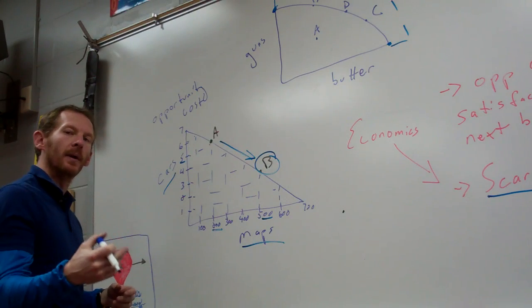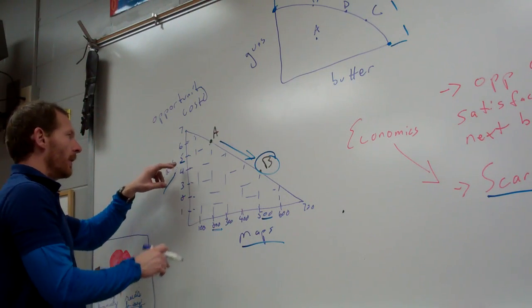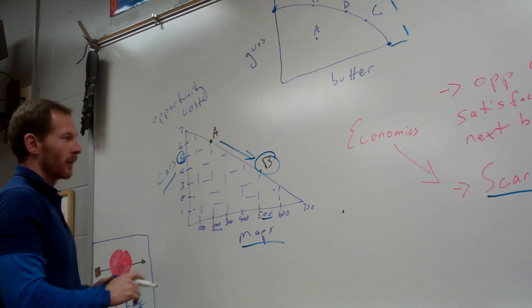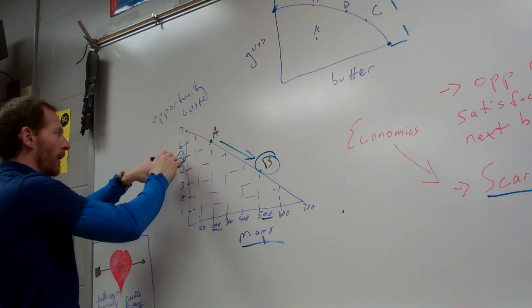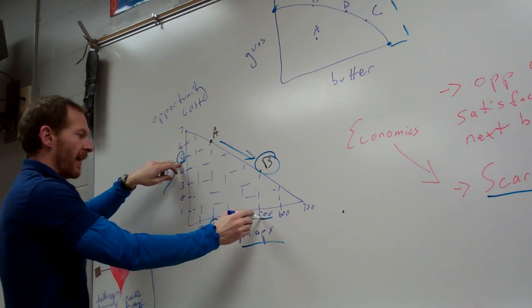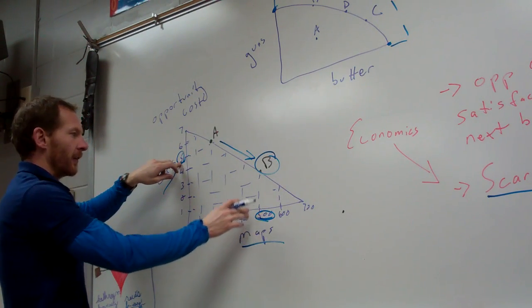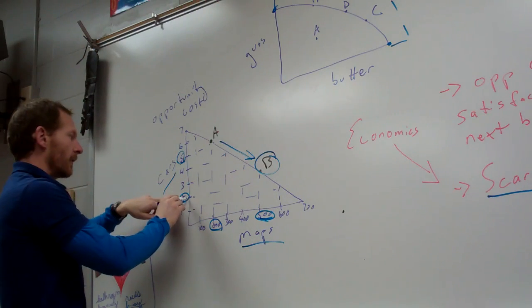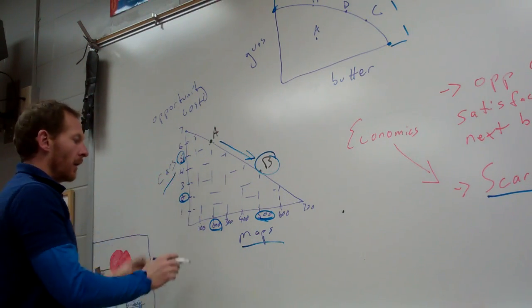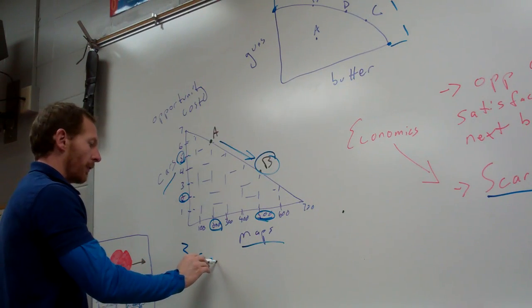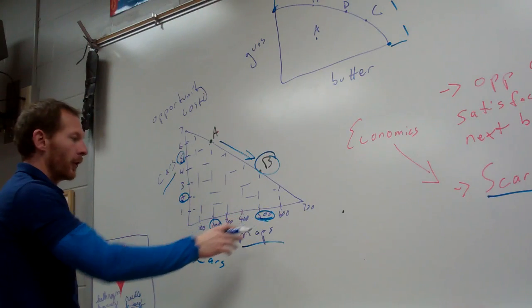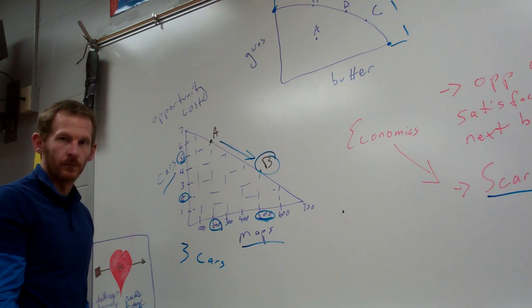At point A, we're at 5 cars, because you go all the way over here and you're at 200 maps. Now we're at 500 maps, and we only are producing 2 cars. We're producing 5 cars, now we're producing 2. So the opportunity cost is 3 cars. We're giving up producing 3 cars so we can produce 300 more maps.